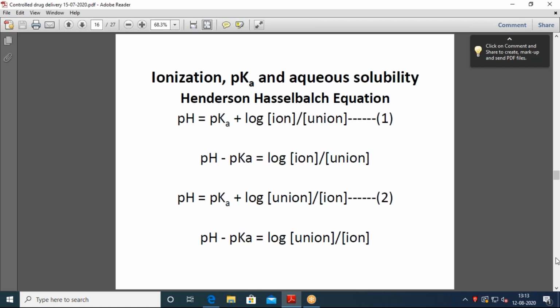I gave thiopental as an example because it is a drug which has a poor solubility. Many of them are BCS class 2, as you know. Many of them are lipid soluble. They are not water soluble. What I mean by lipid soluble is that whenever you add it into water, they are not getting ionized. Did you get my point? Are you able to understand?